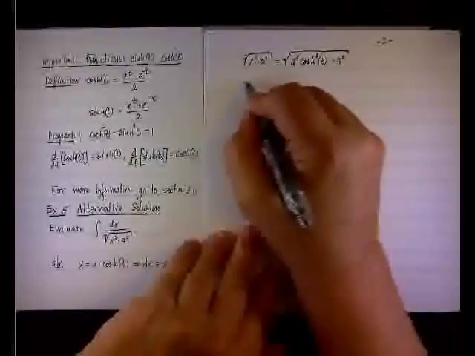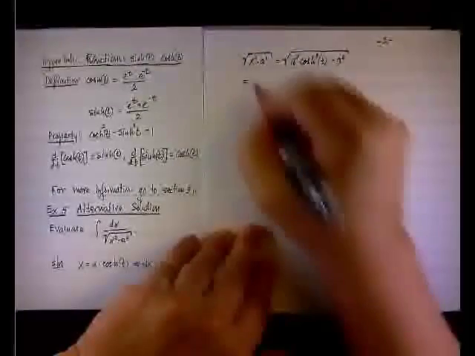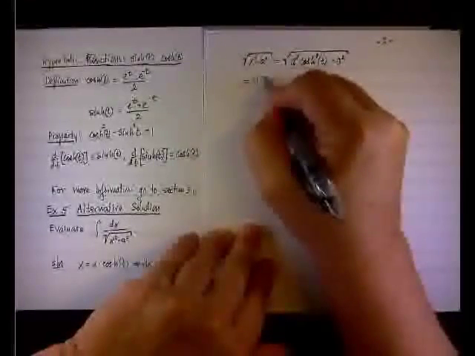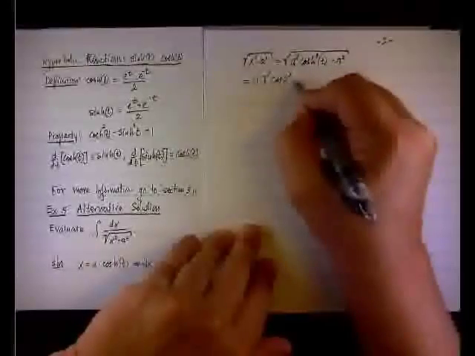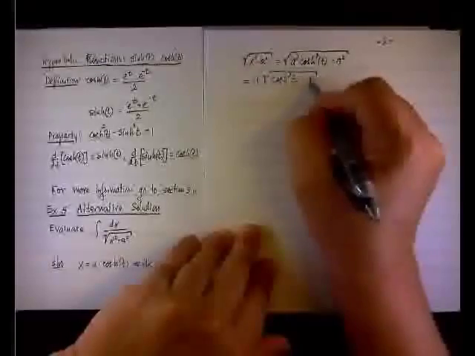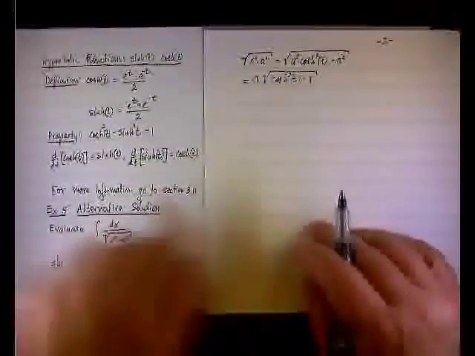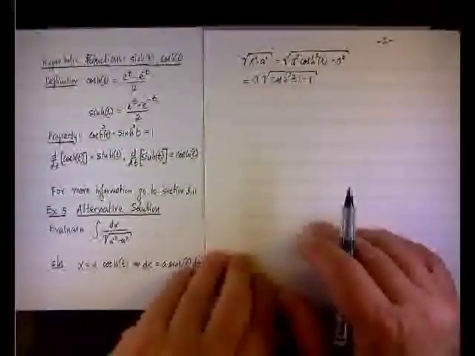As you factor out the a squared and take it outside the square root, you have a times the square root of hyperbolic cosine squared minus 1. And now we are looking at the property that is similar to the Pythagorean identity.